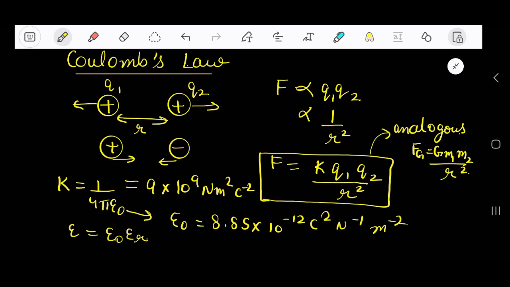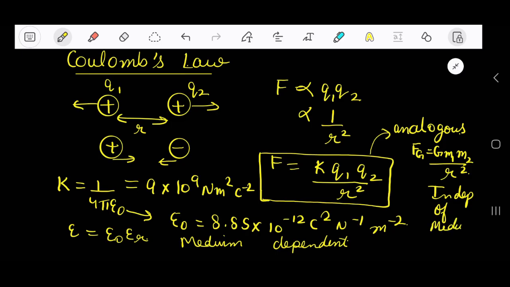So we can see from here that this electrostatic force is medium dependent, while the gravitational force was independent of medium.